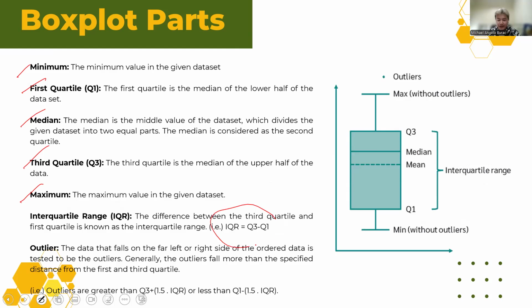Basically, you can compute the IQR by getting the difference of quartile 3 and quartile 1. You also have outliers, and here is the actual formula for it. So let's have an example.